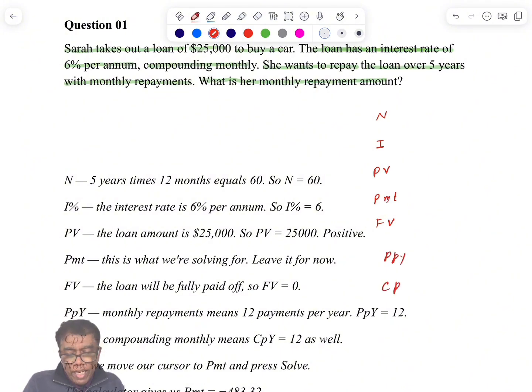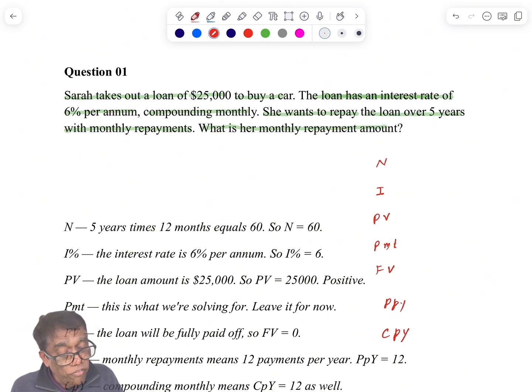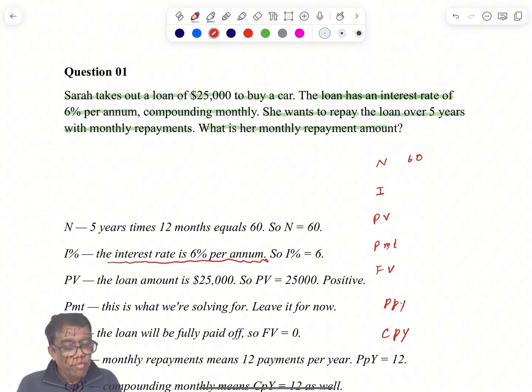What is N? N is 5 years but monthly. That means 5 times 12, it is 60. What is I? The interest is 6% per annum. That means I should be 6.